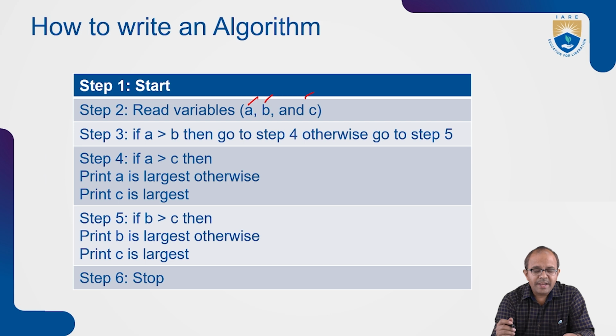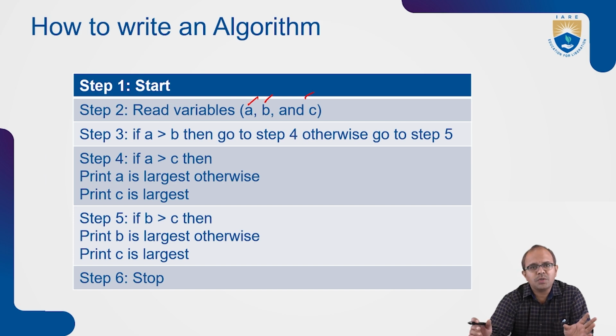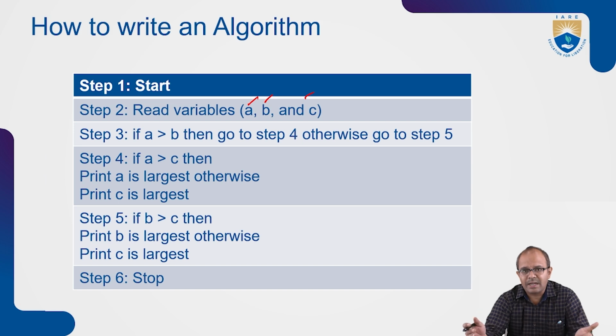Now, in order to find the maximum among the three variables, what is the basic approach I need to have as a programmer or designer? Fundamentally, I'm going to compare all the values of the variables A, B, C. Comparison is nothing but which is greater, which is smaller.